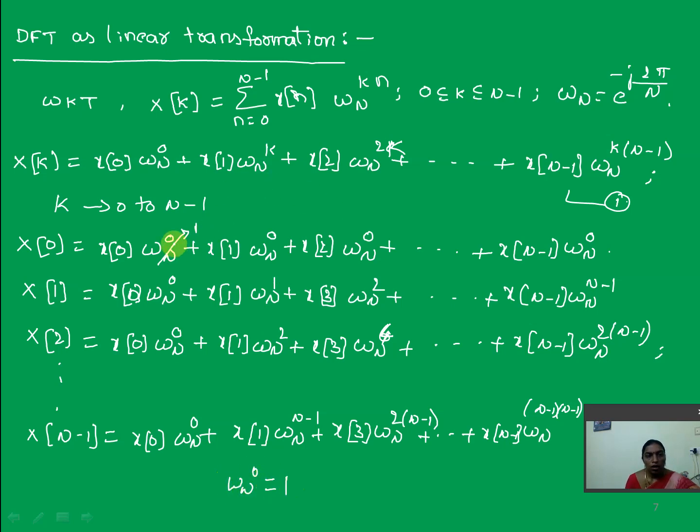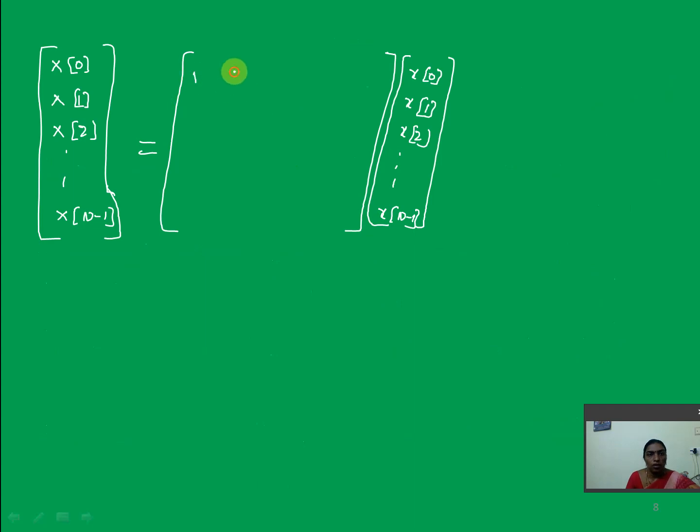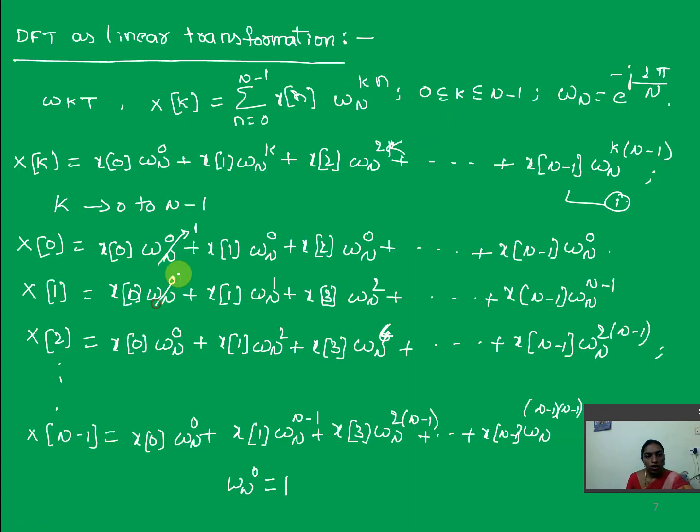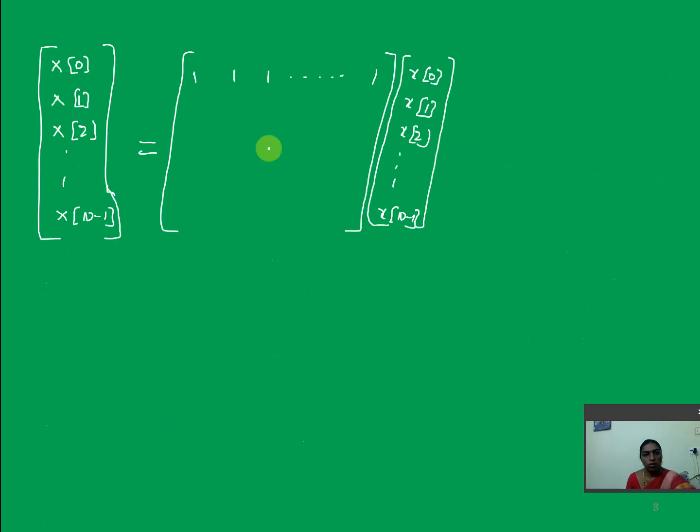So the first row elements are all 1, 1, 1 and so on. For the second row: 1, W_N power 1, W_N power 2 and so on, W_N power N minus 1.